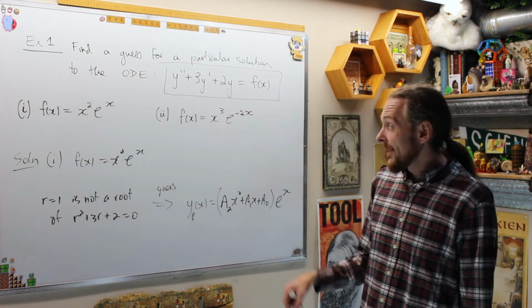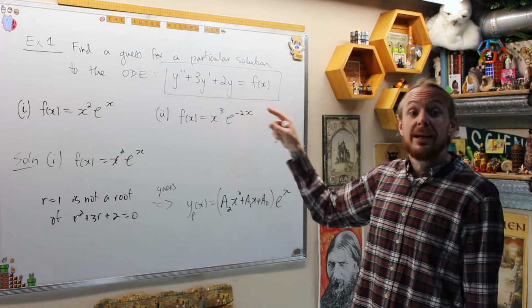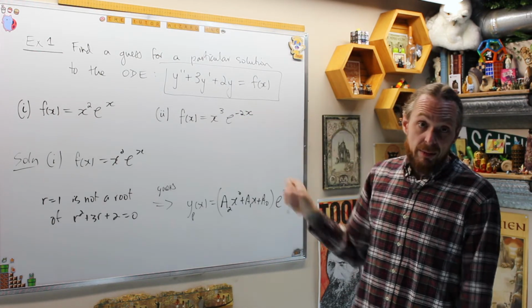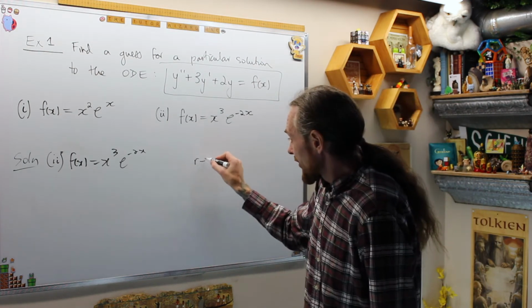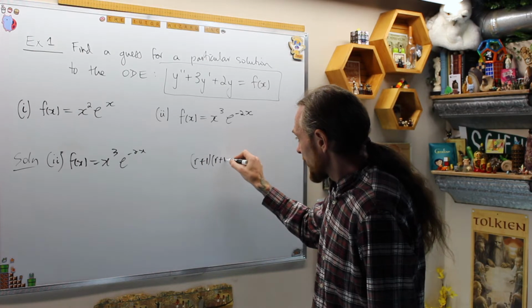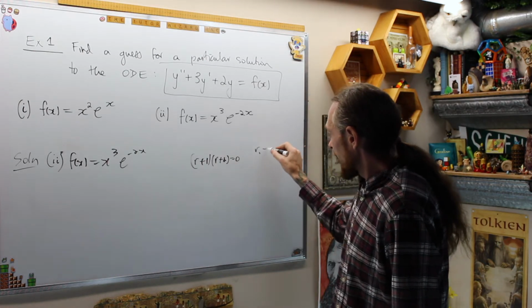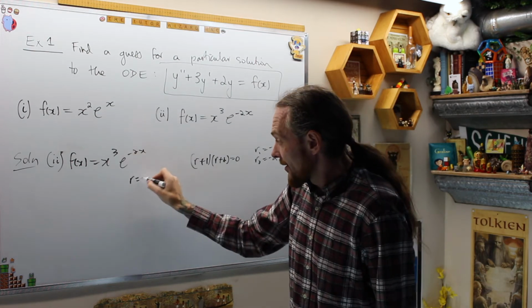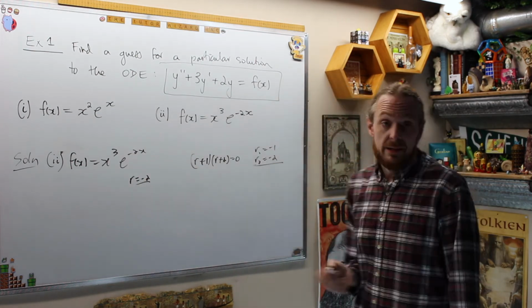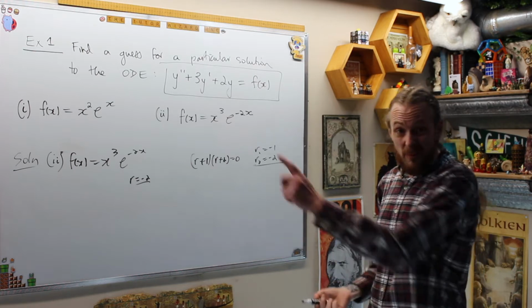For the second one, what are we going to have to do? Negative 2 we saw is a root, so we're going to have to multiply by a power of x. Let's see what happens there. x cubed e to the negative 2x. Again, we saw our auxiliary equation is r plus 1, r plus 2 equals 0, and that says r1 is negative 1 and r2 is negative 2. Here we have r is negative 2. It is a root of our auxiliary equation this time, of multiplicity 1.